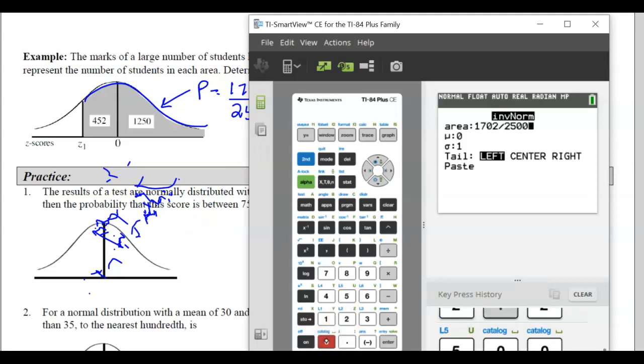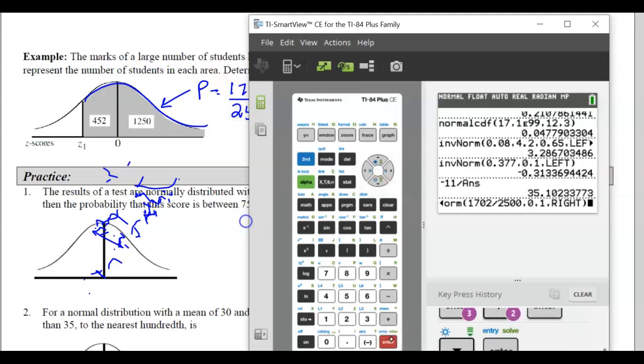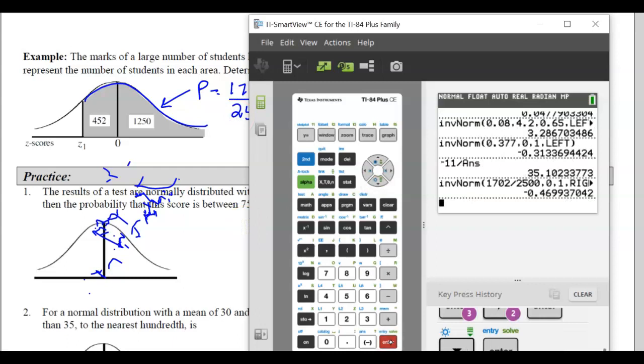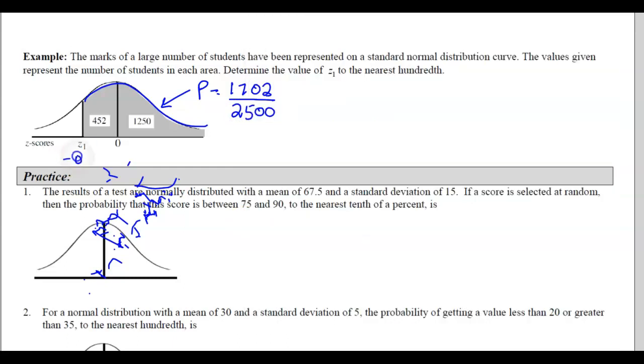Then you don't have to worry about any decimal places. We're finding the Z-score, so 0, 1. For newer versions of the calculator, we choose right, and you get negative 0.47.